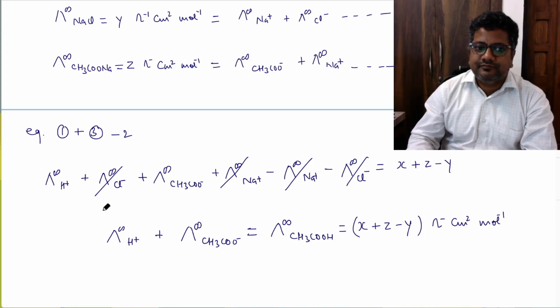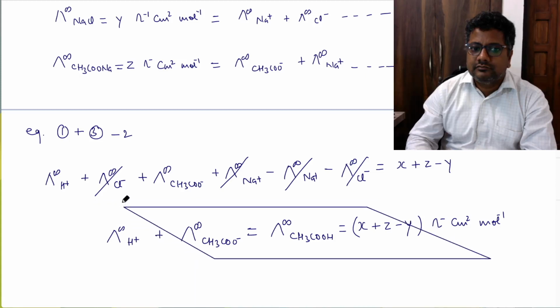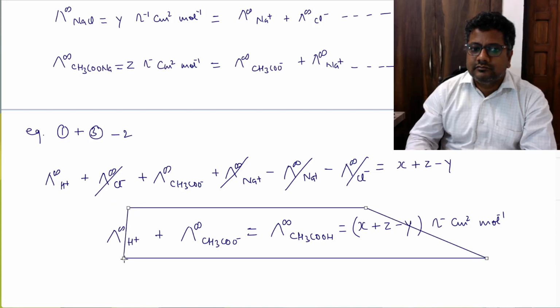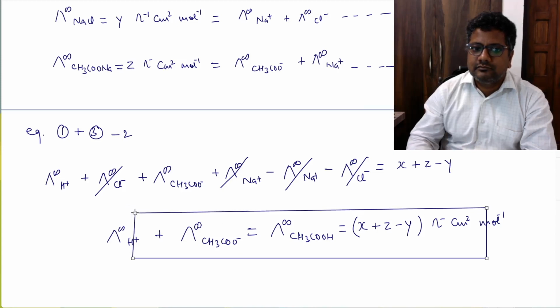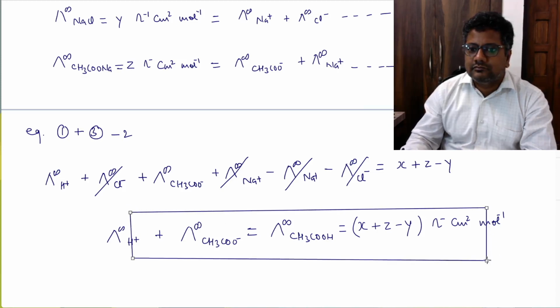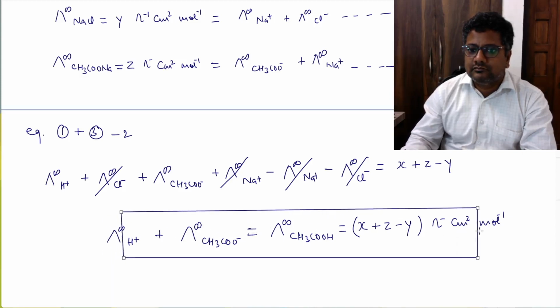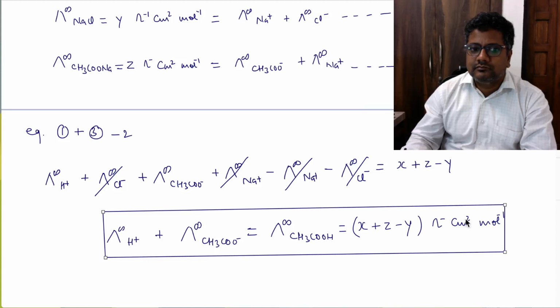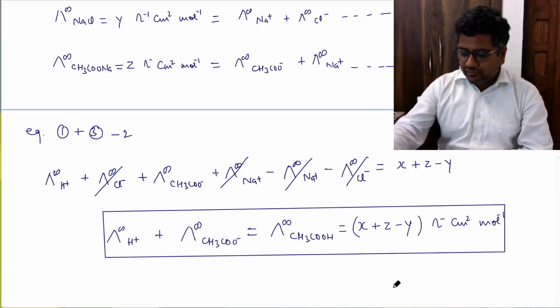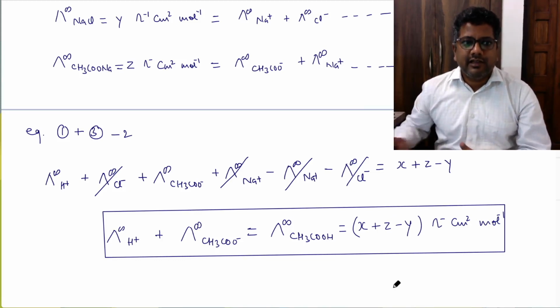So this is the answer. So in this way you can calculate the lambda m infinite for weak electrolytes, right?